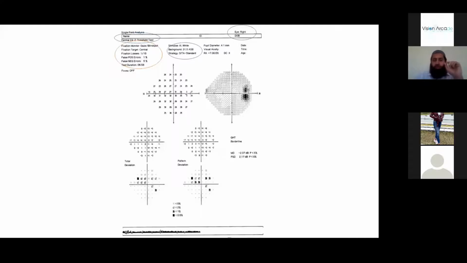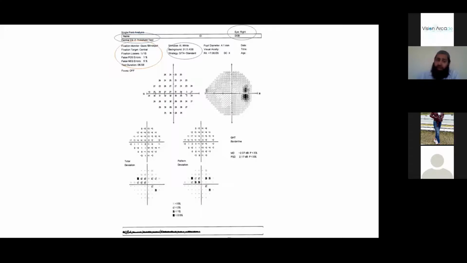There's a small camera in the visual field machine that you can keep an eye on and track if the patient is looking at the right spot. And then fixation target, was it central, or was it a diamond, or was it a bigger diamond that was used? Again, those are different types of targets that we can use in the visual field machine. Hopefully in the visual field lecture, we can go in a bit more detail with that.